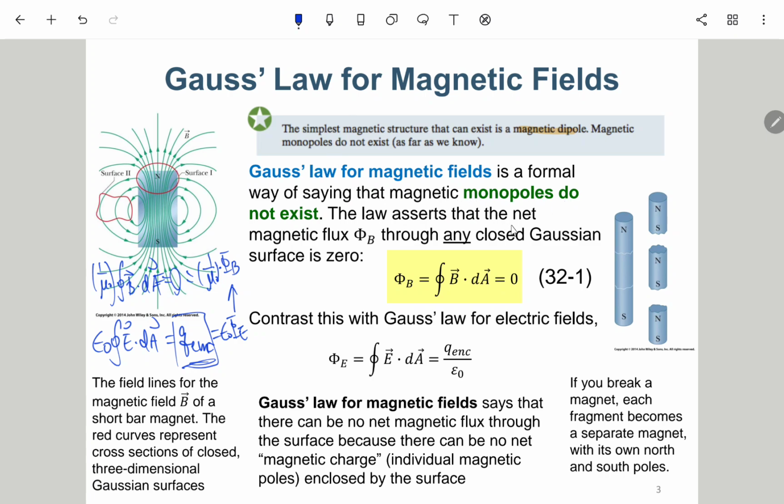The law asserts that the net magnetic flux through any closed Gaussian surface is 0. 所以它的意思就是说，这个Gauss law for B field 本身就是告诉你说 magnetic monopole 不存在。所以它就写成这个形式。So Gauss law for B field says that there can be no magnetic flux through surfaces because there can be no net magnetic charge.